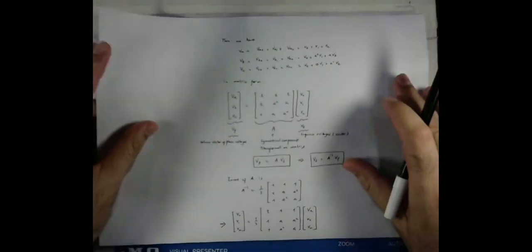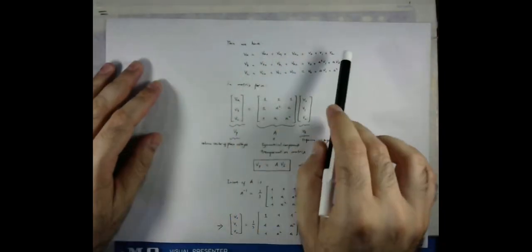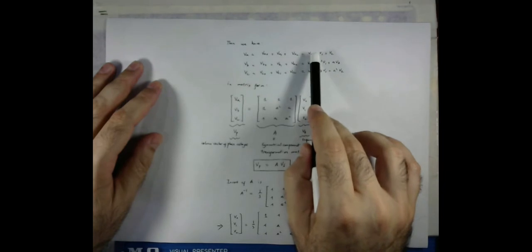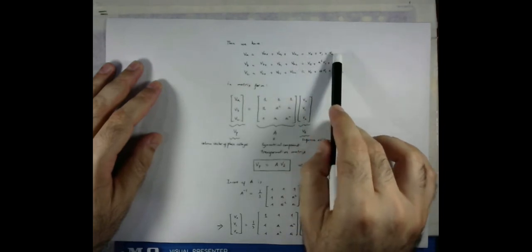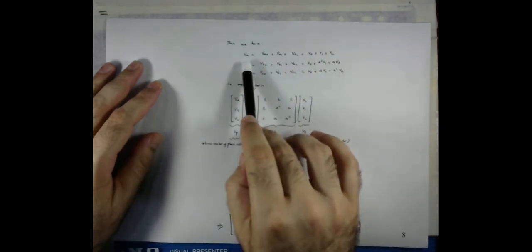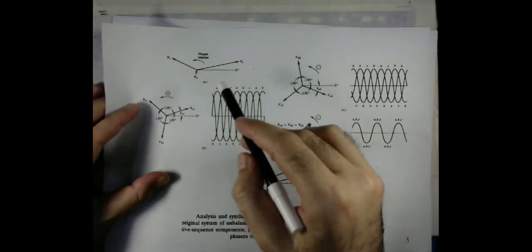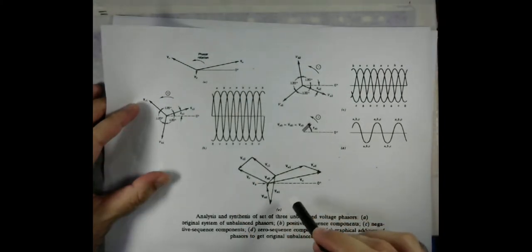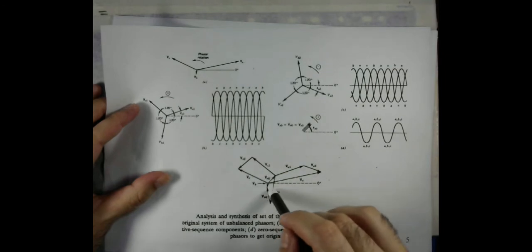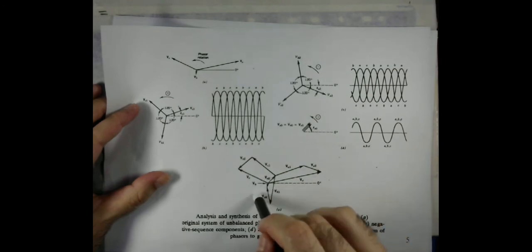So then one can write that phase A has three sequence components: zero sequence, positive and negative. Similarly, phase B voltage has three components. One is the zero sequence component, one is the positive sequence component, one is the negative sequence component.